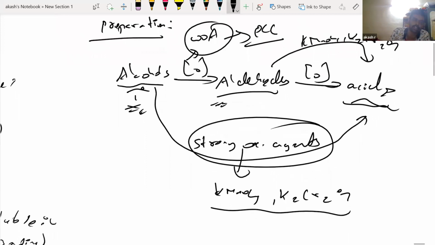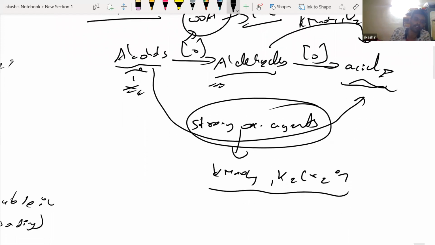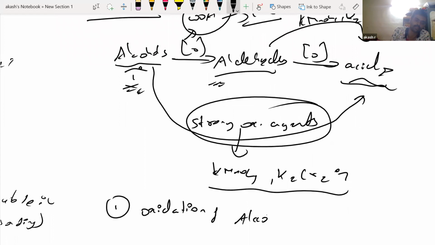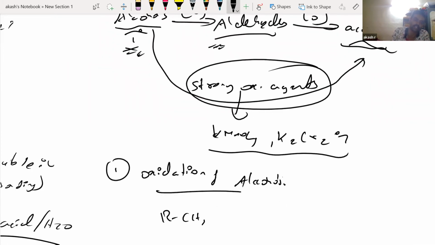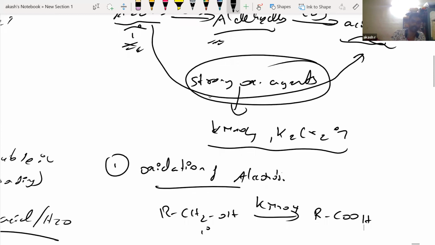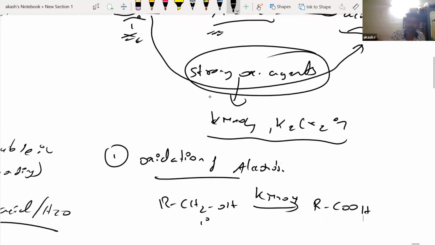The first method of preparation is oxidation of alcohols. Say I have RCH2OH, a primary alcohol. I'm taking only primary alcohols. If I put KMnO4, I am going to convert this into RCOOH. If you take any examples, take only primary alcohols, be very careful.